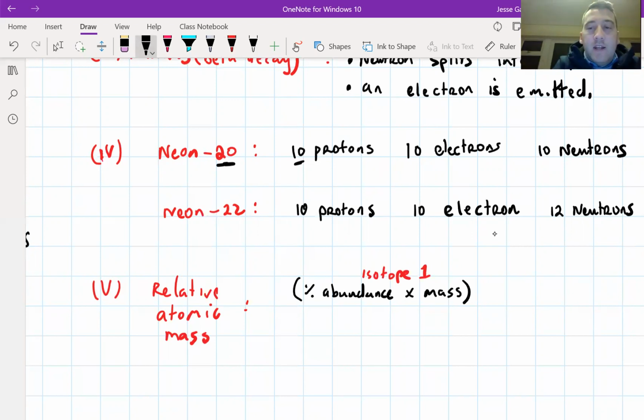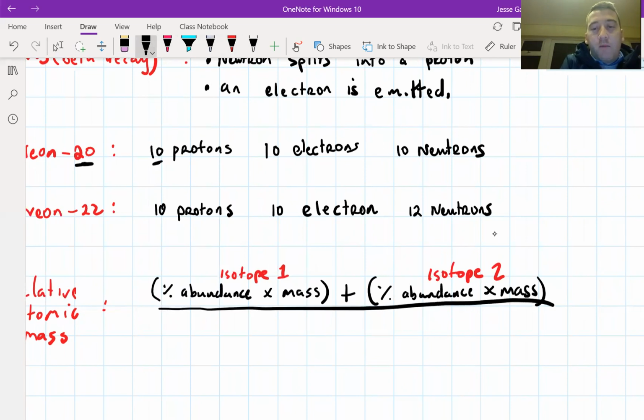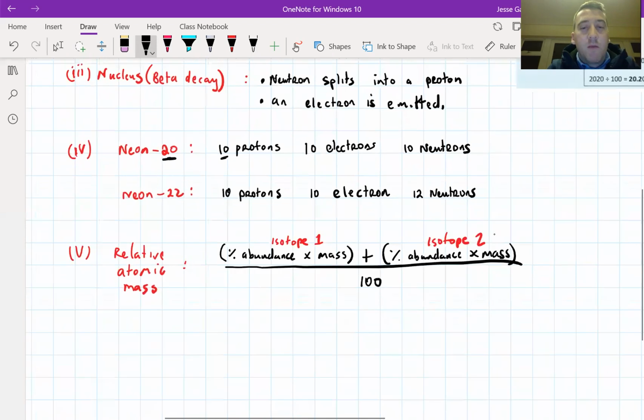To this, we add the percentage abundance times the mass of isotope 2. And if it was a third one, I could add that on as well, but I think there's only 2 here in the information we were given. And whatever we get there, we divide all that by 100, and that will give us the relative atomic mass.